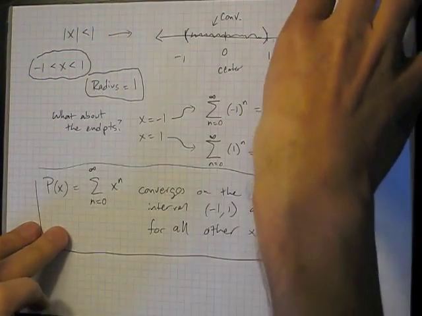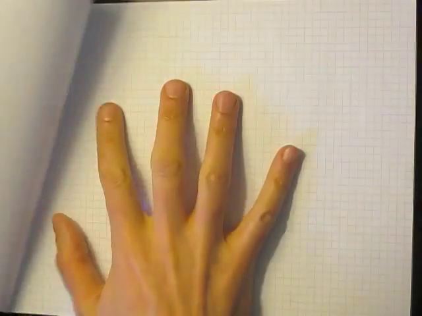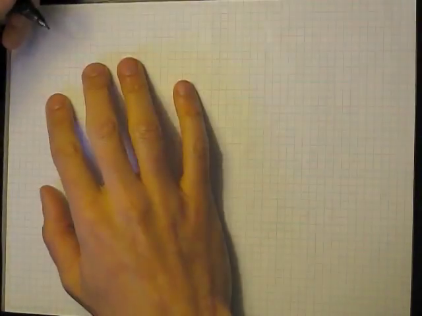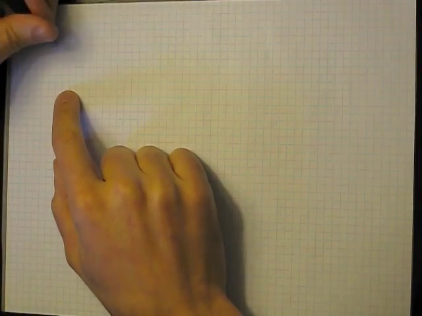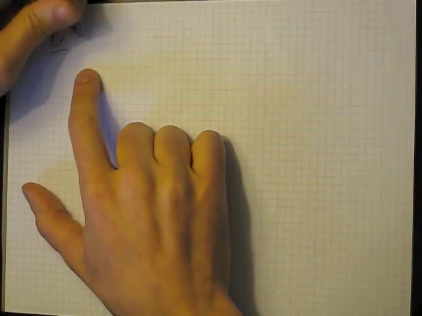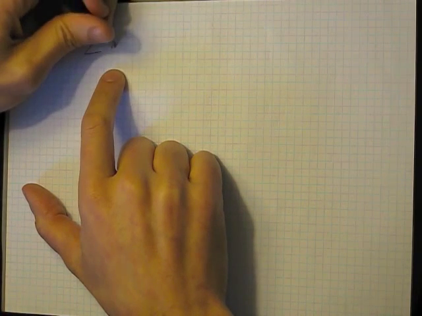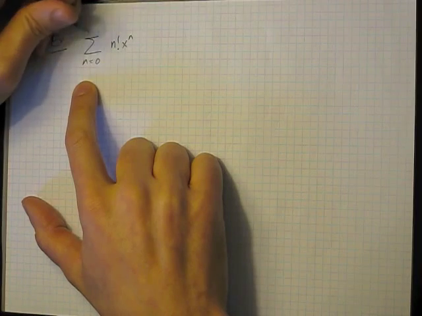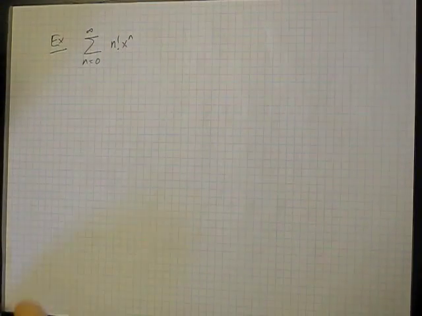Okay. Let's go through another example. How about, let's take a look at this example that we just listed here. So n factorial x to the n, starting at 0, going to infinity.